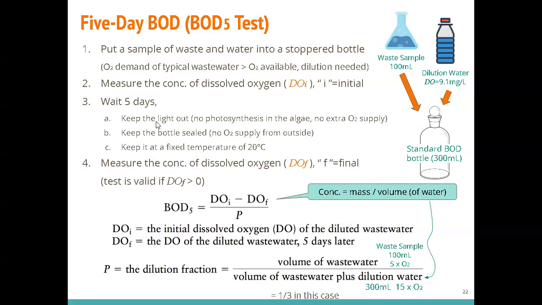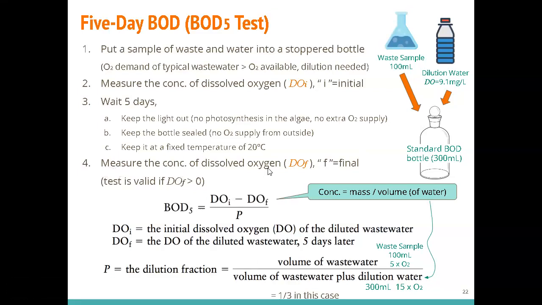During these 5 days, you cannot have sunlight shining over your standard BOD bottle because you don't want algae to grow. That will upset your dissolved oxygen measurement, right? No extra O2 supply. And keep the bottle sealed because if you don't, there would be oxygen in the air going into the water body. And also keep it at a fixed temperature.